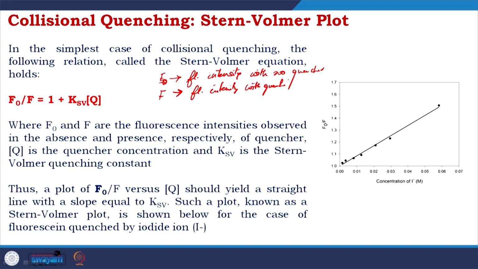So, suppose you want to see the effect of a quencher, the effect of a quencher is characteristic of this Stern-Volmer constant. So, you could measure that from this plot.